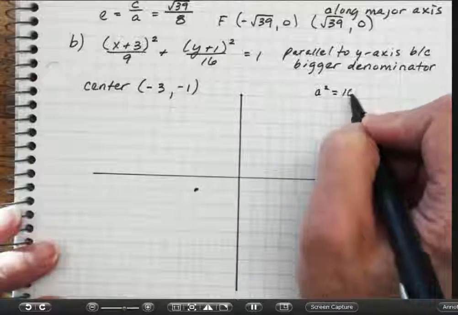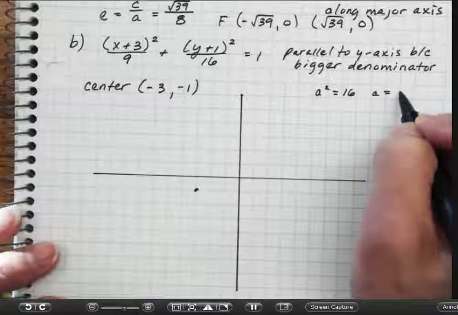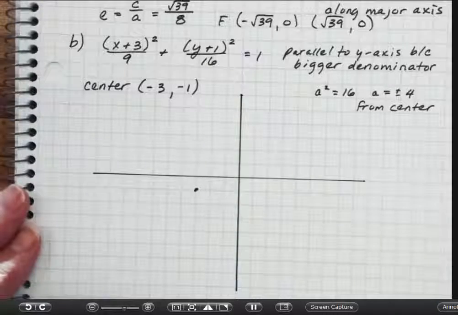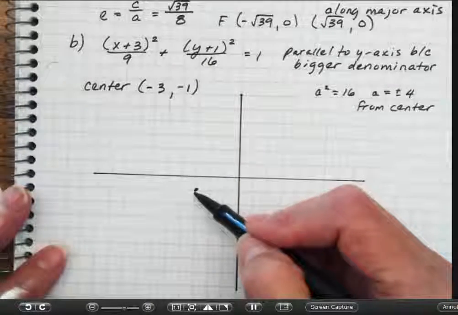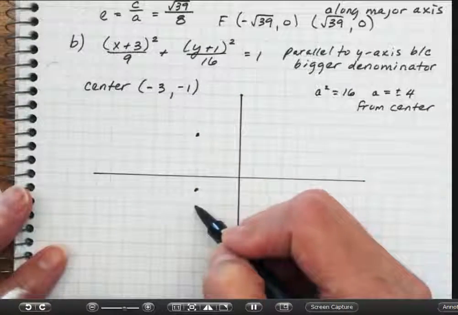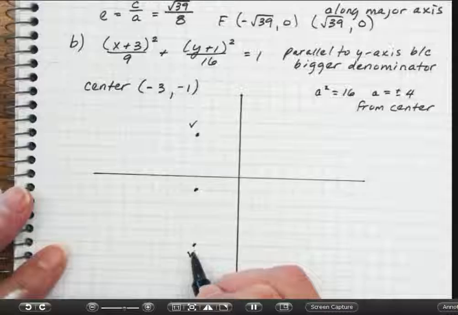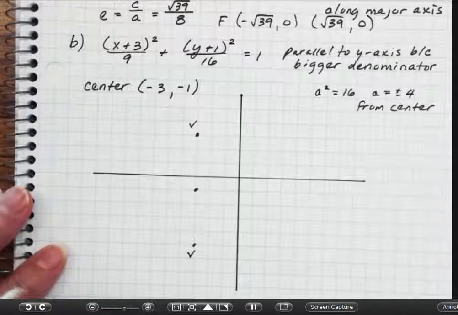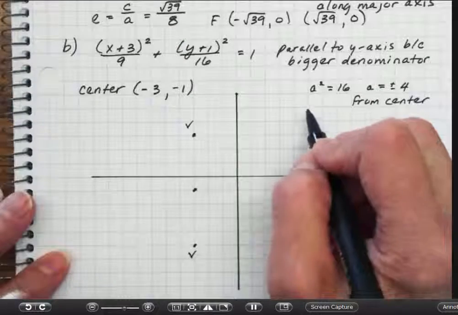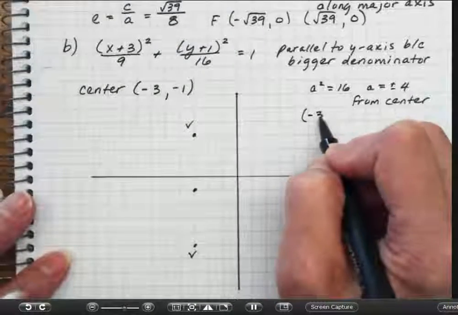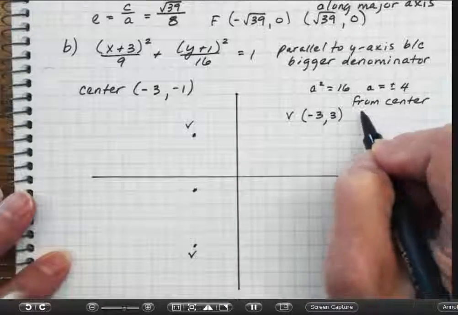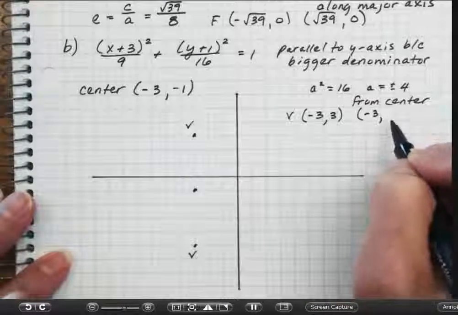That means that a is going to be plus or minus 4 from the center. So from my center, I'm going to be going 1, 2, 3, 4 up, or 1, 2, 3, 4 down. These are my vertices. It's a little easier to figure out what your vertex coordinates are going to be once you've graphed it. So it looks like we're going to have negative 3, 3, or negative 3, negative 5.